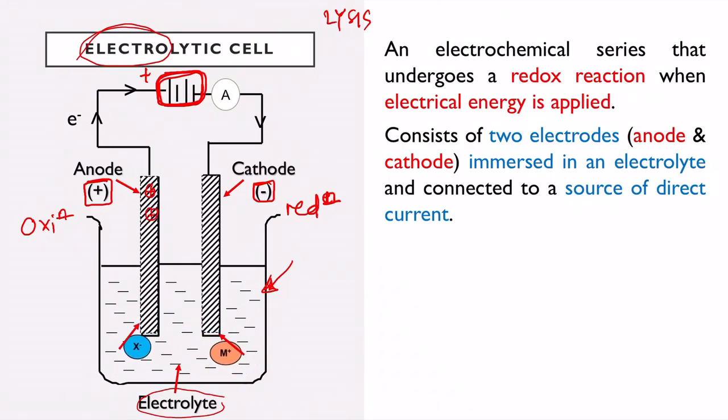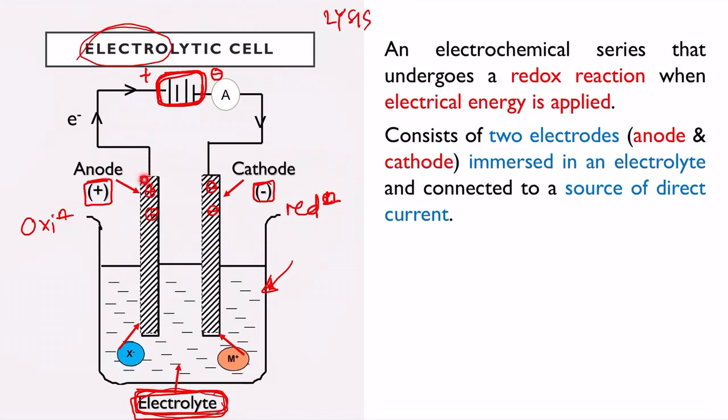So the ions that will be attracted will be discharged from your electrolyte to your anode or cathode. It will depend on the positive or negative terminal. So opposites attract. So anion here, X minus, will go to your anode as usual. The anion will lose electron.